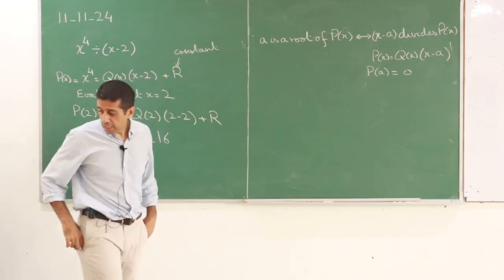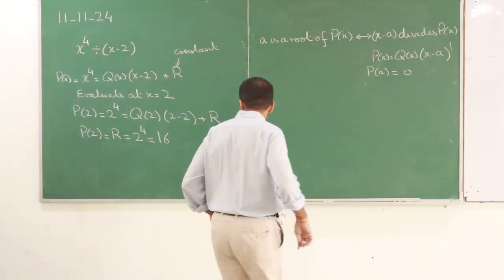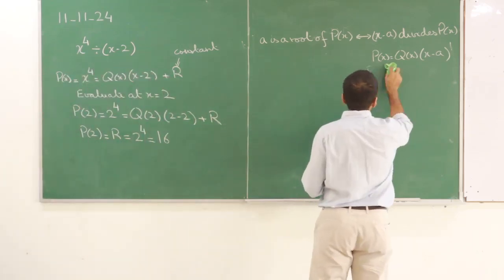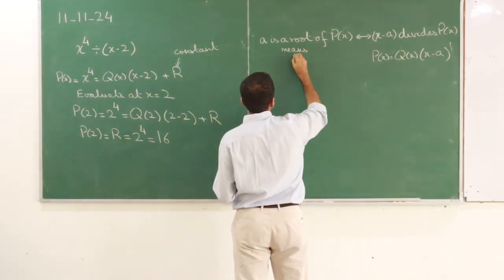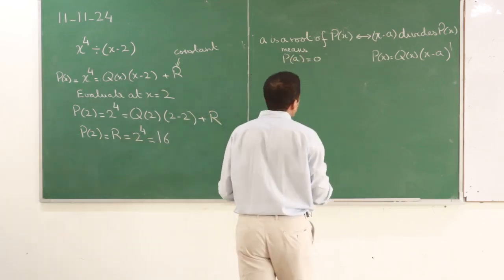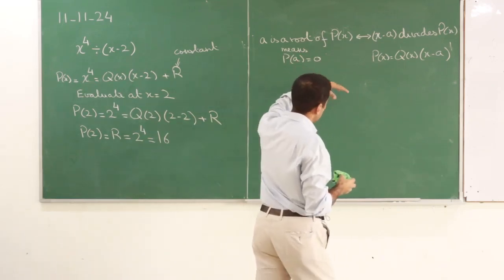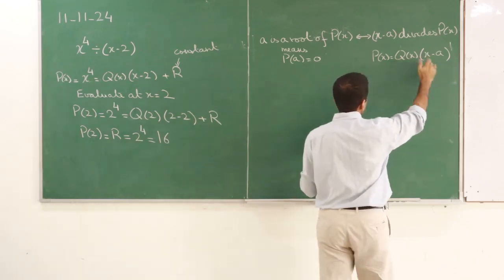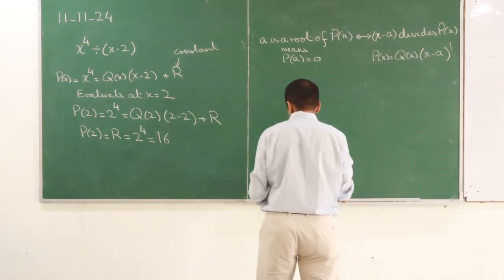So any questions about this? I should probably put this here: a is a root of p of x means p of a is equal to 0, and p of a can be 0 only if the remainder is 0, which means p of x can be written in this form, which means x minus a divides p of x.